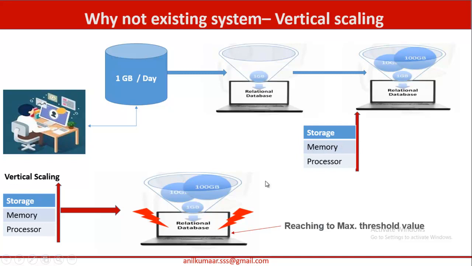Once he reaches the maximum threshold value, this existing system is not at all useful for him. Got it? He cannot grow his server size more than this. This is the major limitation.